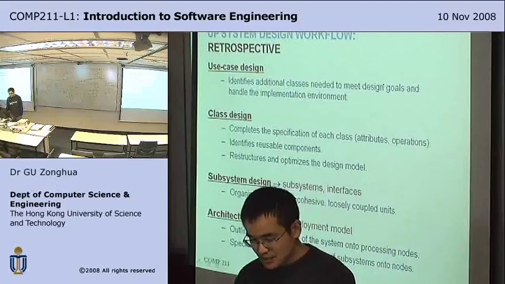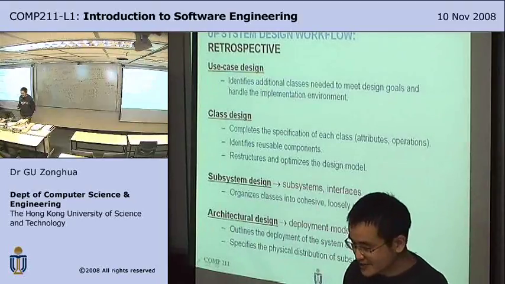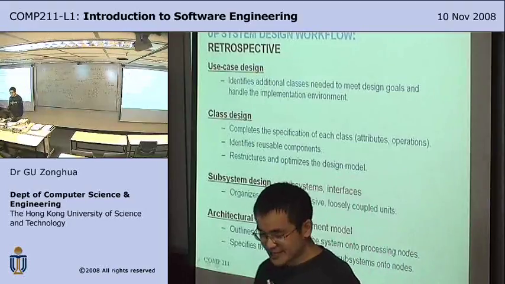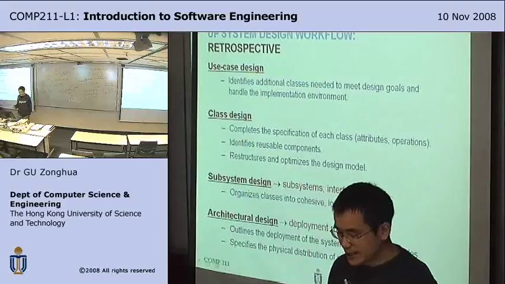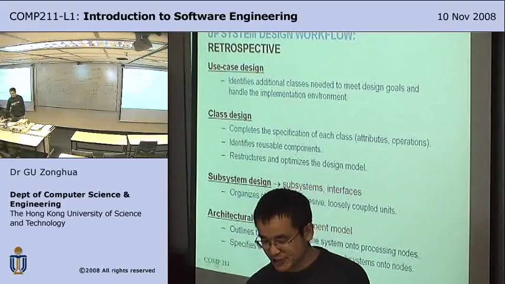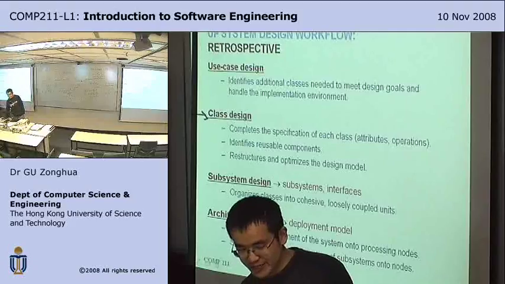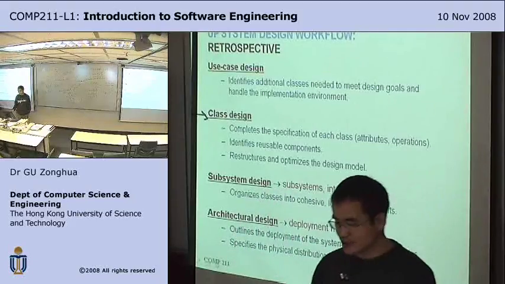Now, in the design stage, when we do use case design, we're identifying additional classes for implementation-specific issues, like OS and middleware and the hardware capabilities, etc. Class design is to complete a specification of each class in terms of its attributes and operations.